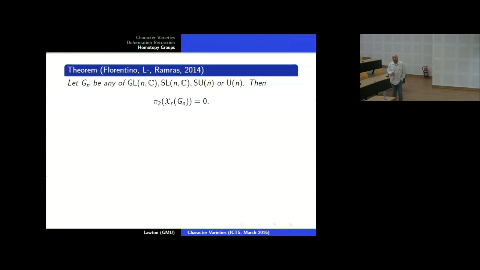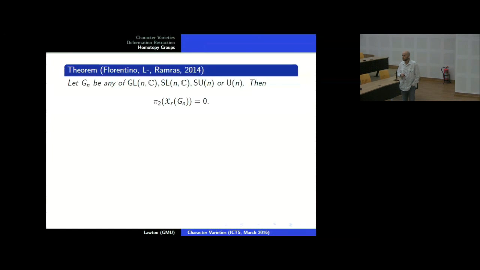The naive idea is that on the Hom space, it's a product of G's, and so pi 2 is always trivial because G deformation retracts to a compact, and pi 2 of any compact is trivial. And so on the moduli space, you expect somehow that to descend.